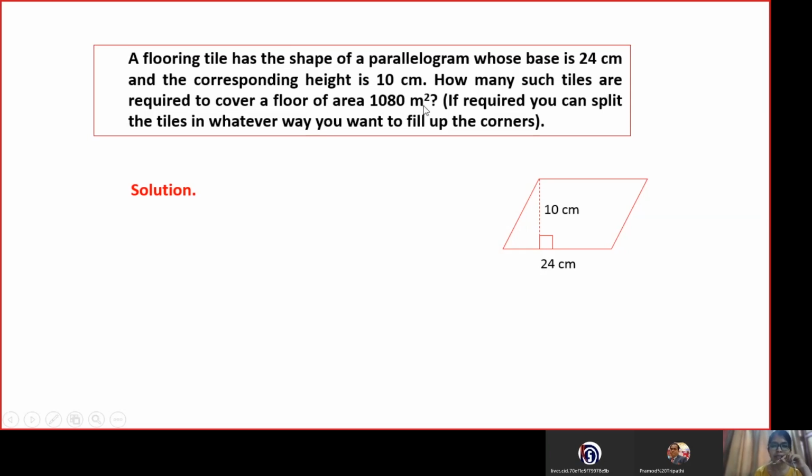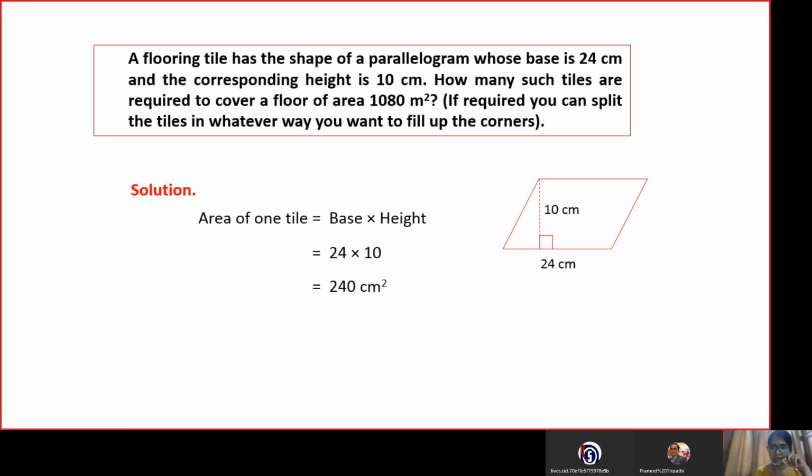1080 meters square? Now, children, we know the area of one tile. We've been given the base, we've been given the height. Area of a parallelogram is base into height. So that will be 24 into 10, that is 240 centimeter square.